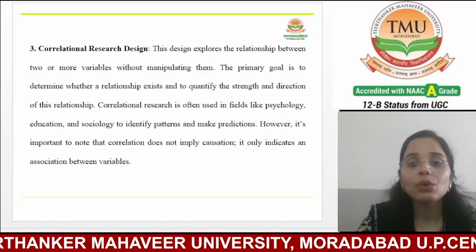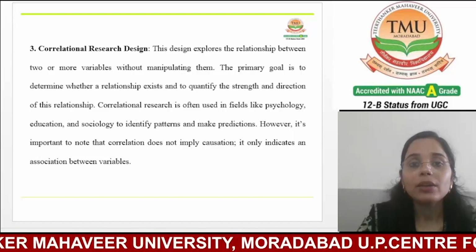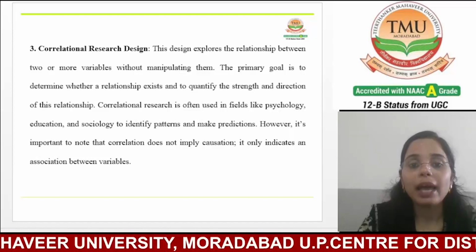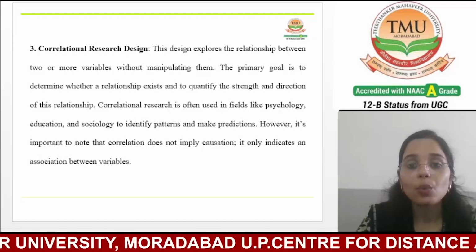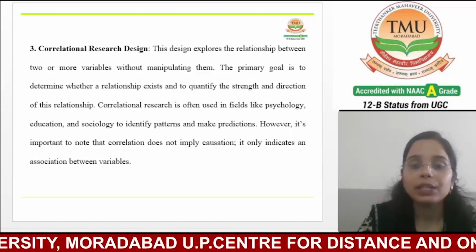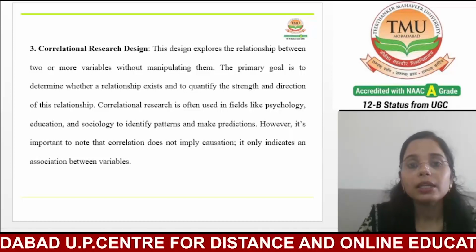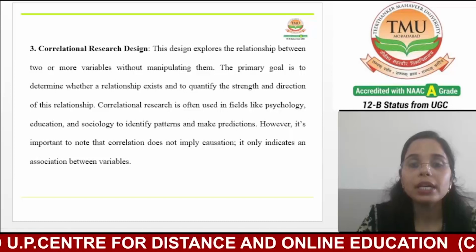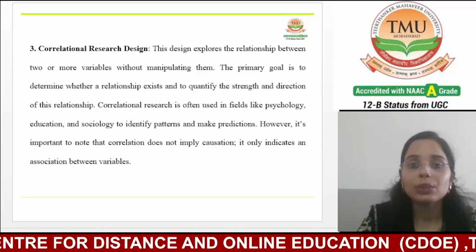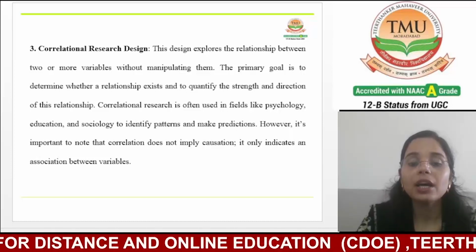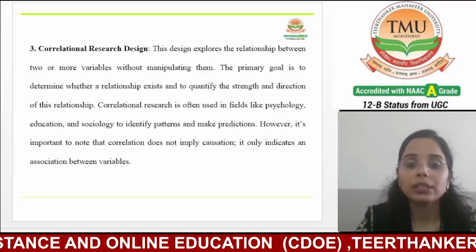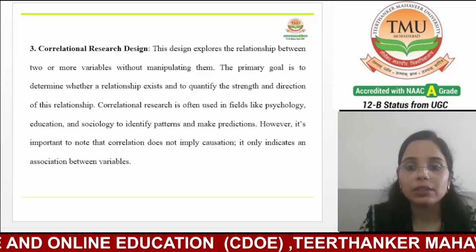The primary goal is to determine whether a relationship exists and to quantify the strength and direction of this relationship. Correlation research is often used in fields like psychology, education, and sociology to identify patterns and make predictions.